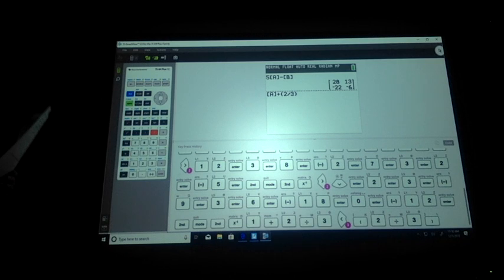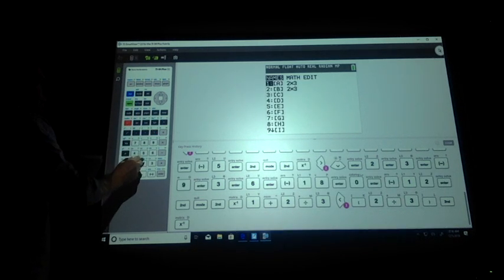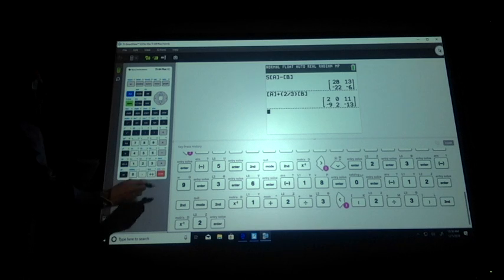The reason I did that is if you didn't, it's going to take the 3 and multiply it as a scalar, so it's going to kind of goof things up. So we do that, and I'm going to go second matrix B. Boom. Pretty quick, pretty easy.